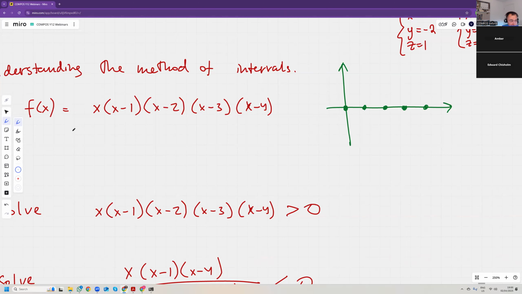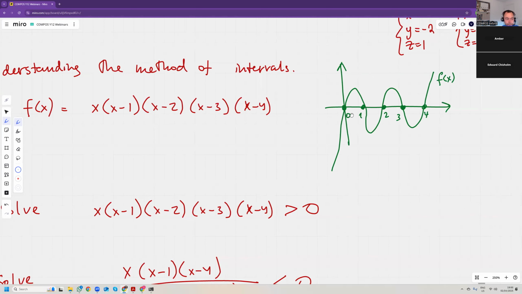This function, f of x, would squiggle like this. Go down, up, down, up, down, up. Okay, I hope that makes sense. This is 0, 1, 2, 3, 4. Any questions?